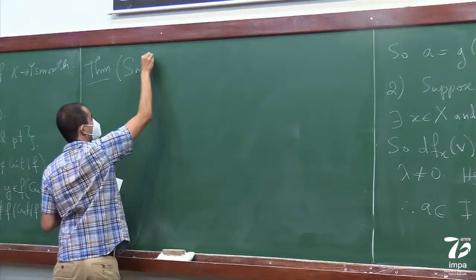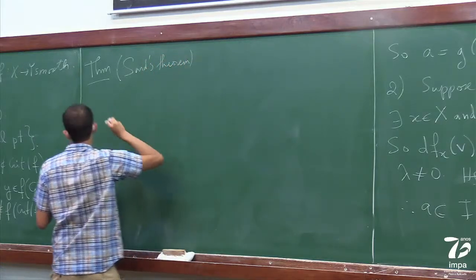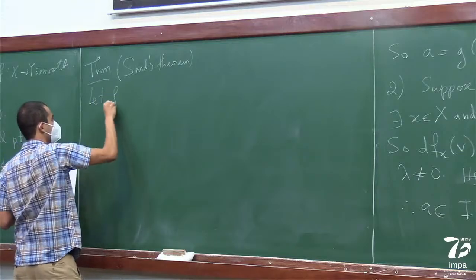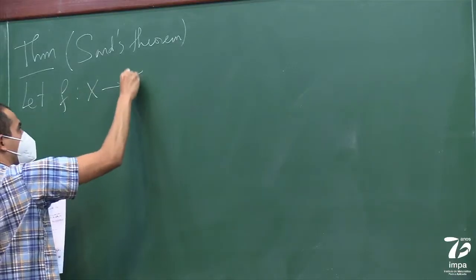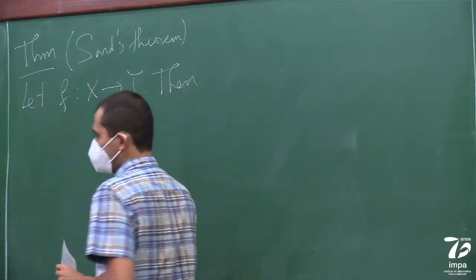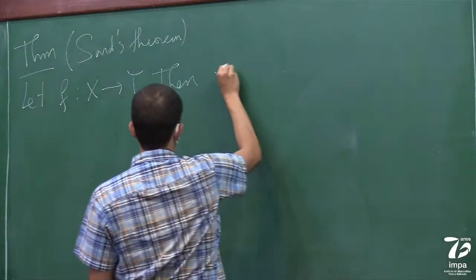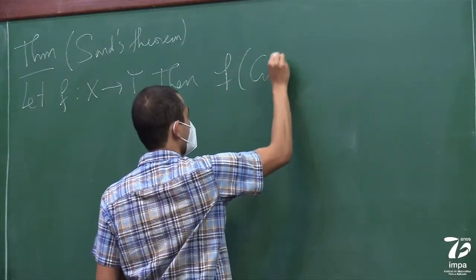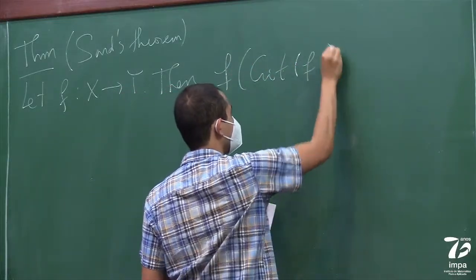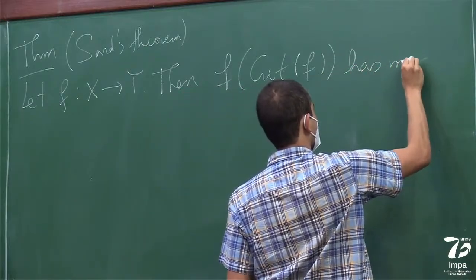This is called Sard's theorem. And it says, take a smooth function f from X to Y. Then the set of critical values has measure 0. Then f of the set of critical points, the set of critical values, has measure 0.